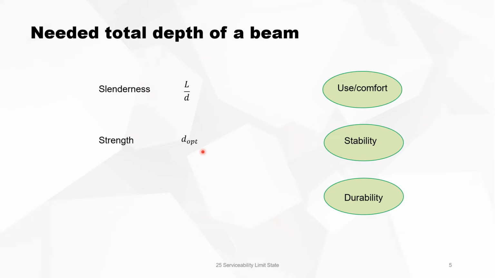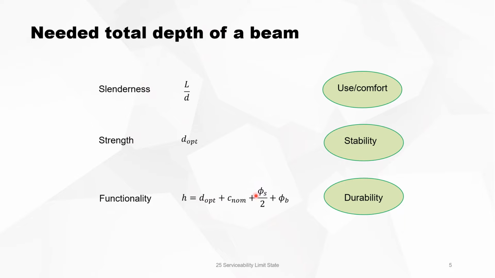Or we can use the minimum depth of the beam, which is the depth where the yielding of the steel is just there. So it can be the optimum, it can be also different. It's on the designer's point of view what to choose, but in most cases we will use the optimum for stability.